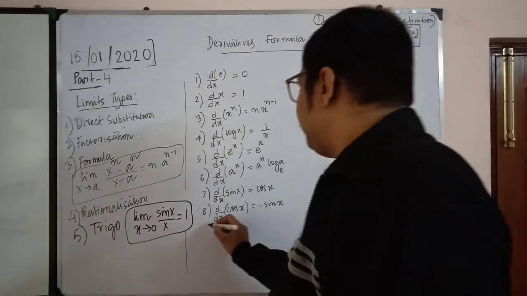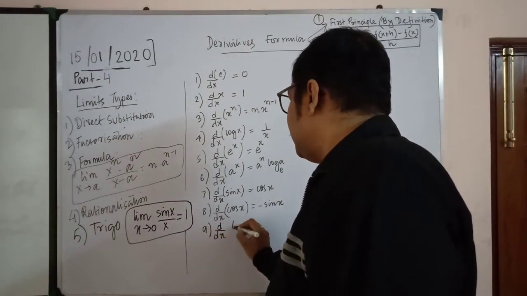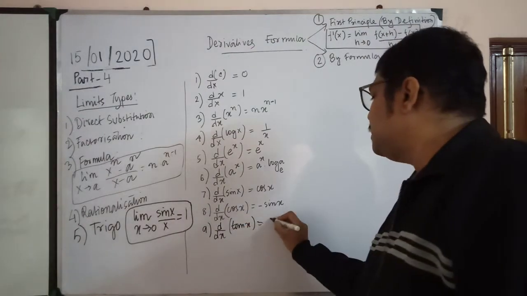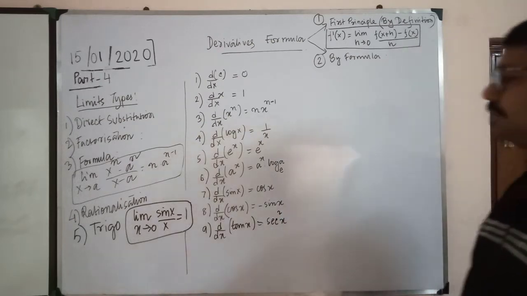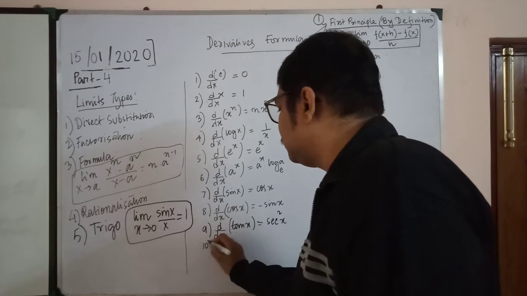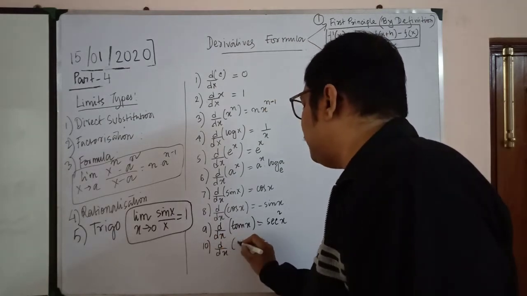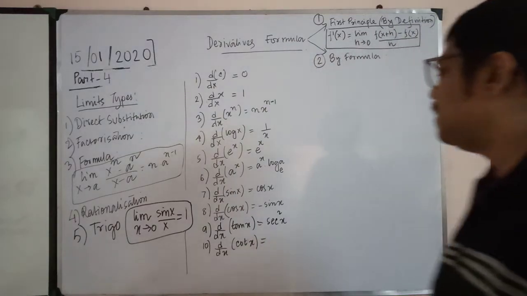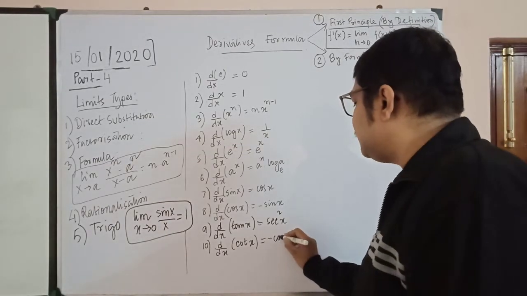Now d/dx of tan x, which is sec square x. d/dx of cot x is minus cosec square x. A minus comes.